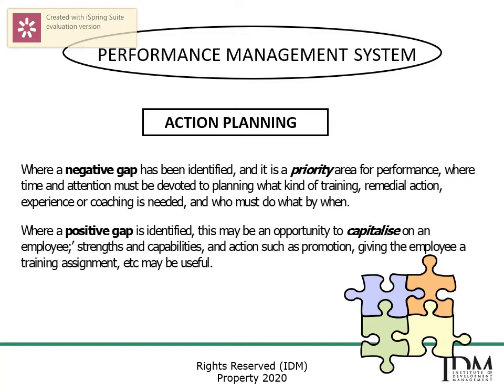We can set objectives in terms of what we expect the subordinate to do in order to help himself deliver the right results, or set objectives to say the supervisor must put this in place for the subordinate to be able to perform. Where a positive gap is identified, this may be an opportunity to capitalize on the employee's strengths and capabilities, and actions such as promotion or giving the employee a training assignment may be useful.